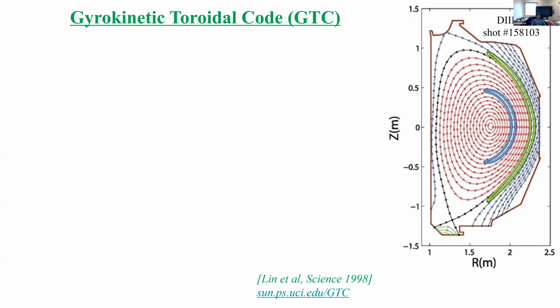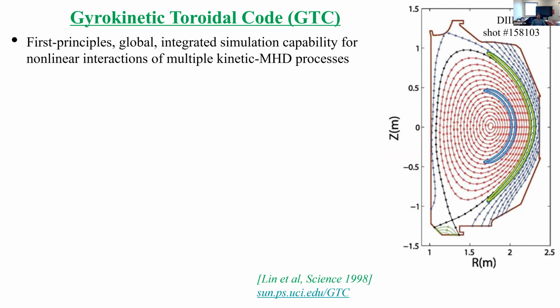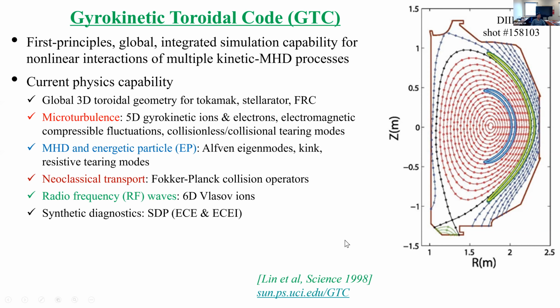The GTC code aims to provide simulation capability based on first-principle global integrated simulations for nonlinear interactions of multiple kinetic-MHD processes. This code now has all the important capabilities, from microscopic turbulence to mesoscale energetic particle instability to macroscopic MHD instability.